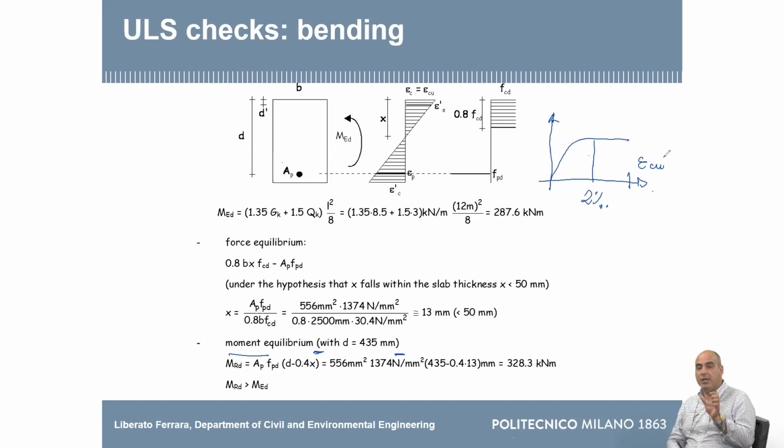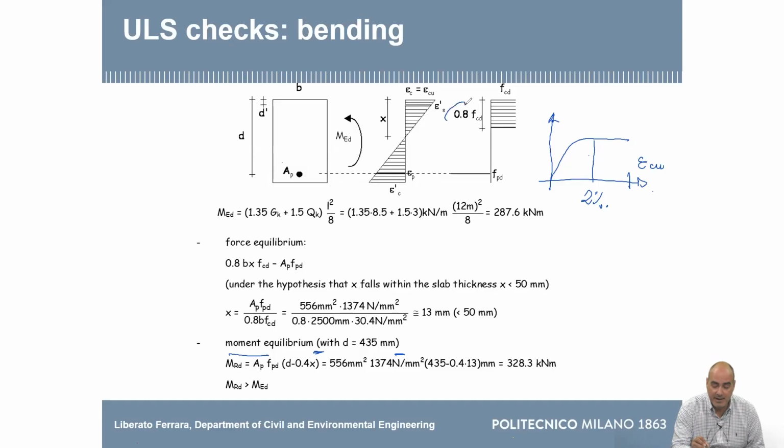Its value changes with the strength of concrete. For concrete grades up to exactly C50/60, it's 3.5 × 10⁻³. But if you go higher than that, it starts decreasing. And for concrete C100, C120, it becomes equal to 2 per mil.